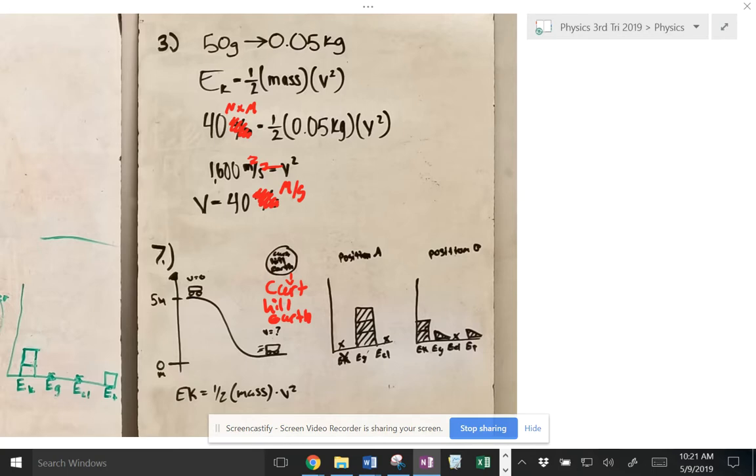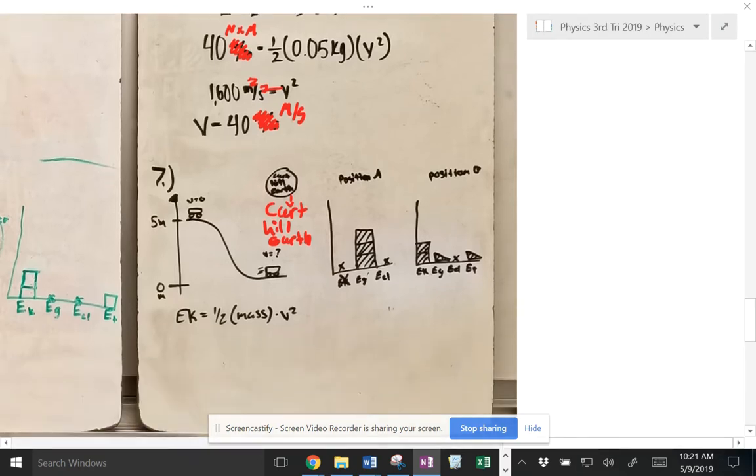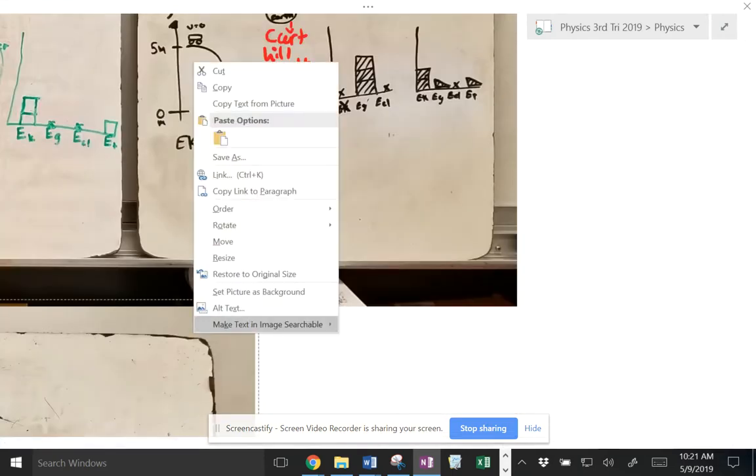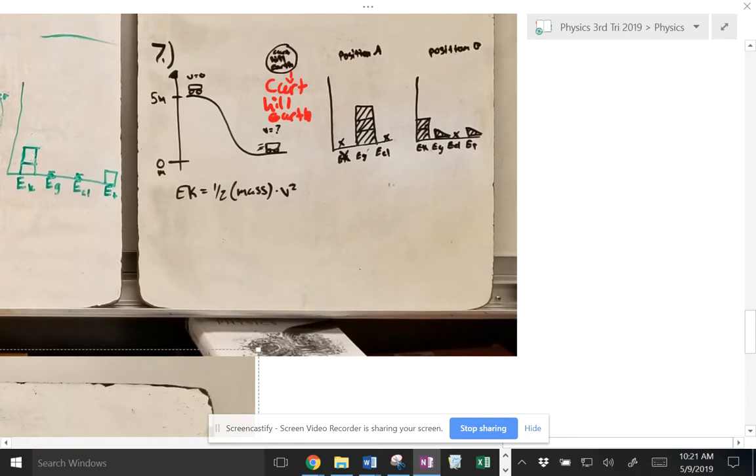So based on what you have in your diagram, can you write an equation for this? How is the energy stored in part A? So EGA equals EKB plus EGB plus ETB.